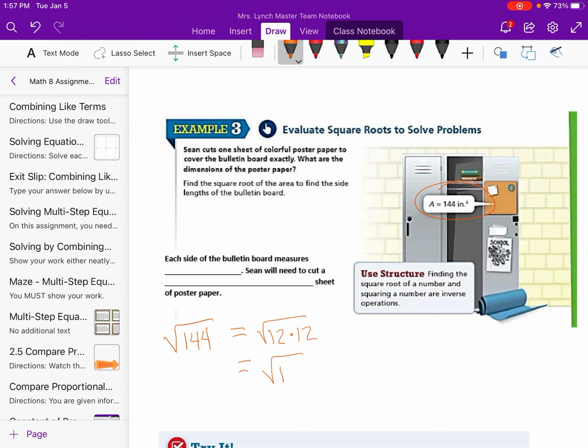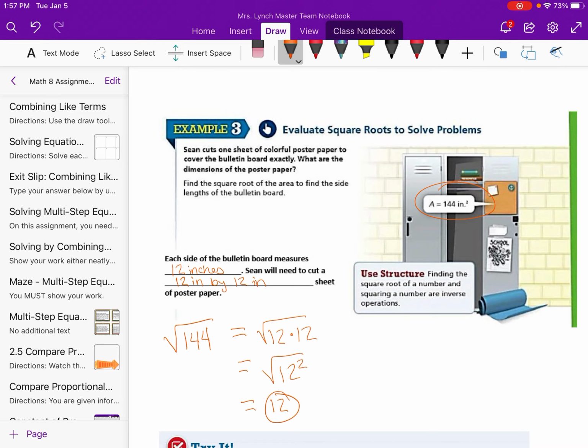And again, that's the same as 12 squared, which when you take the square root of 12 squared, it's going to give you 12. So that means each side of this board is going to measure 12 inches, and Sean will need to cut a 12 by 12 inch sheet.